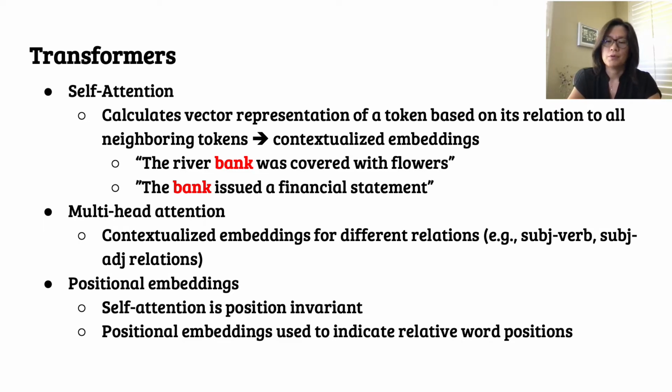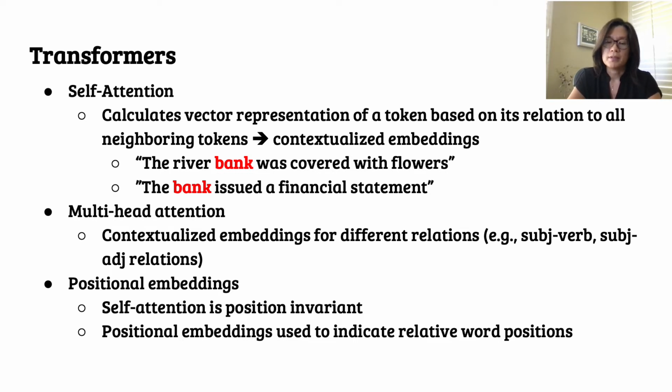Let's take a look at the following two example sentences. For static word embeddings such as GloVe or word2vec, the word bank will have the same embedding for both sentences. However, for transformer-based models like BERT, the embedding of the word bank is different for both sentences because the embedding of the word bank is dependent on its neighboring words.